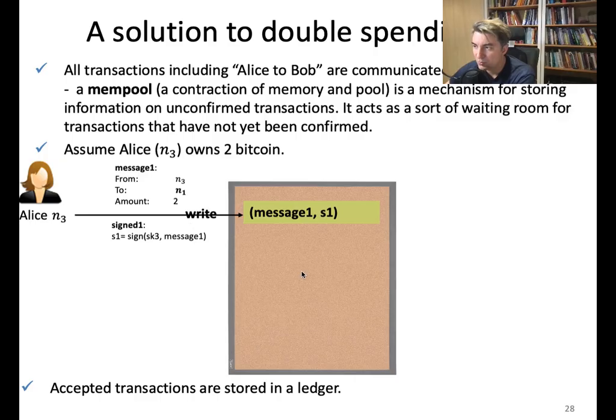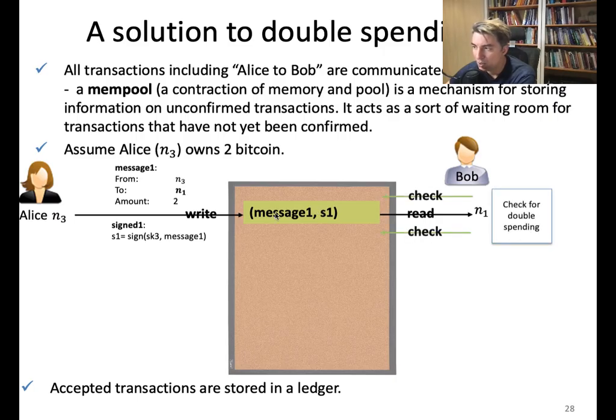This message is written to the mempool. Then Bob reads this message and checks whether there are some similar messages that Alice has sent earlier to somebody else. In fact, he wants to verify that she has enough funds. So there are no other transactions.